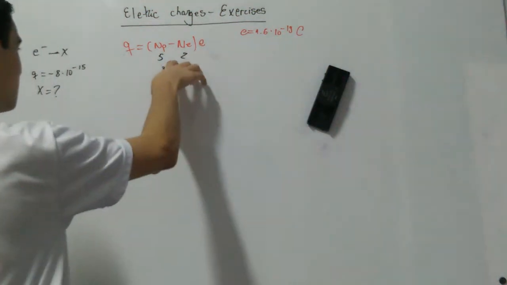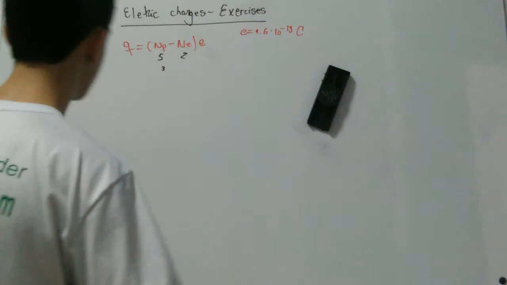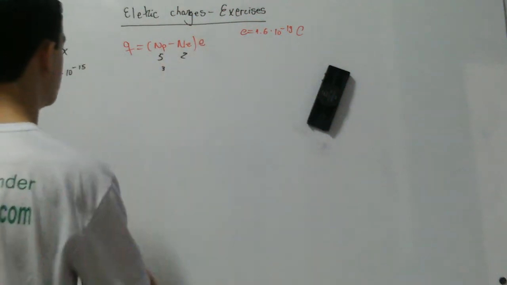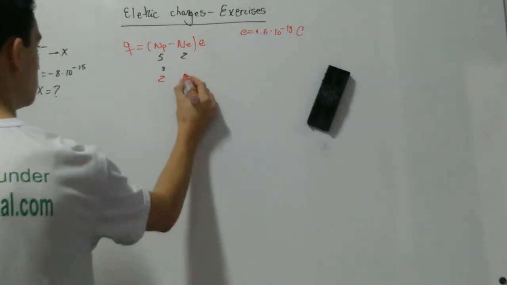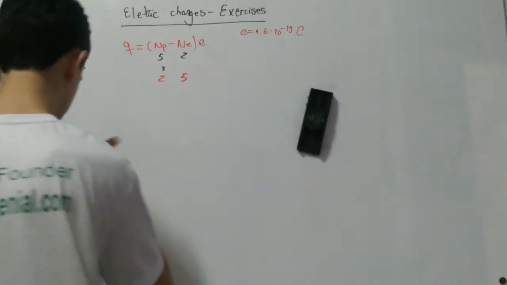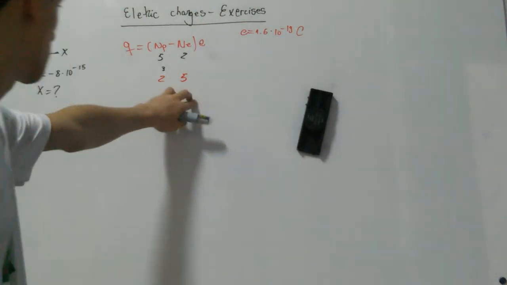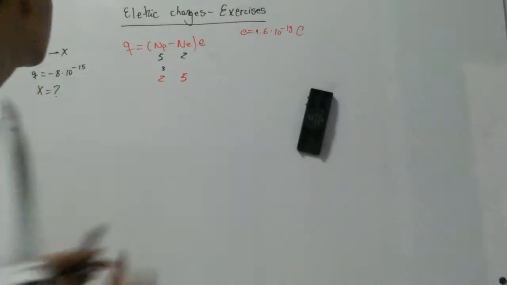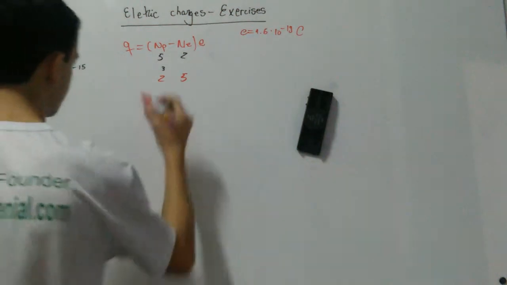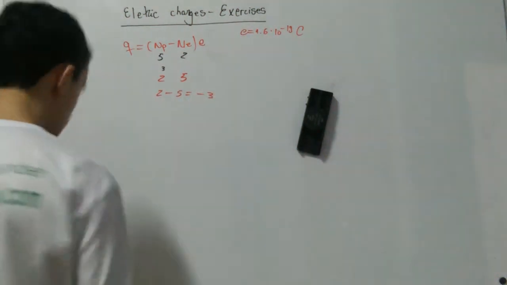So if you do it this way, the positive or the negative already appears with the math. Imagine you have 2 protons and 5 electrons. You have more electrons than protons, so the total amount of charge should be negative. And when you do this math, it's going to be 2 minus 5, negative 3.